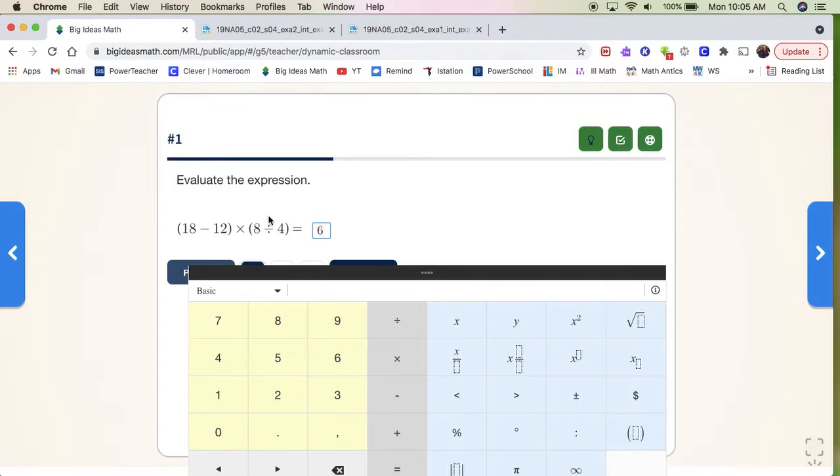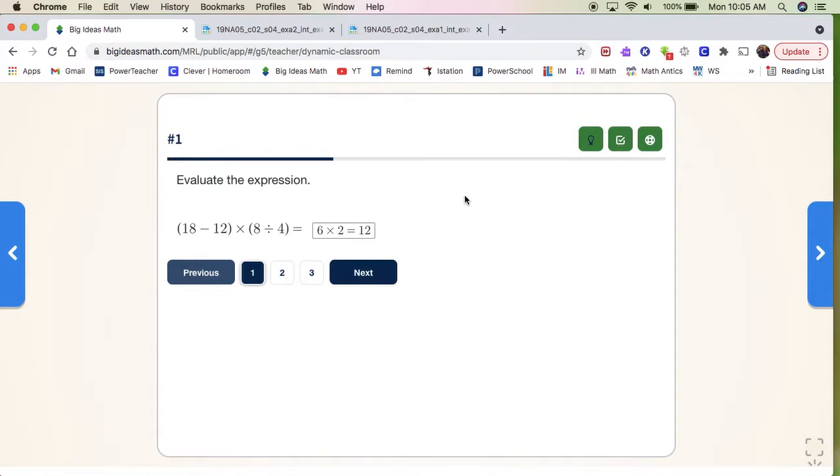We still have times. We're going to say 6 times 8 divided by 4, which is 2. So we've simplified it down to 6 times 2, and we know that equals 12. So we've evaluated the expression. So we've gone from this to this.